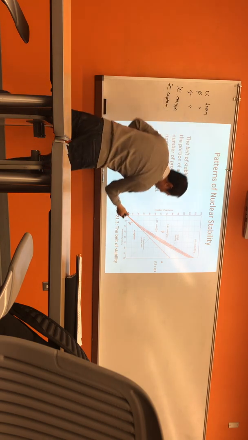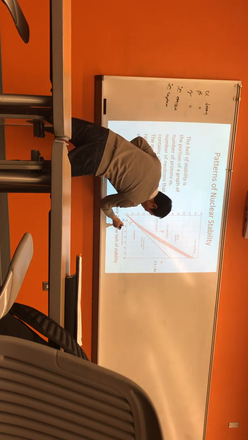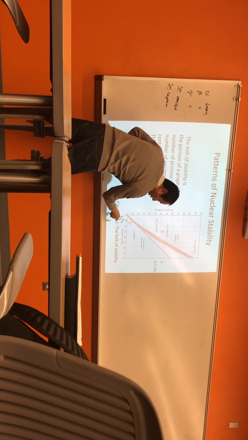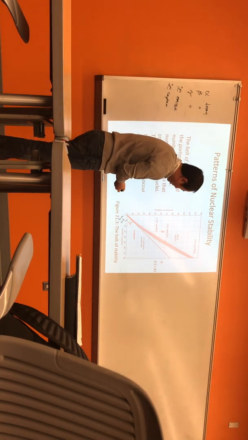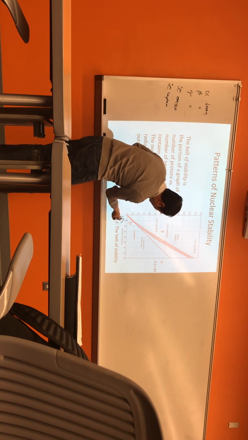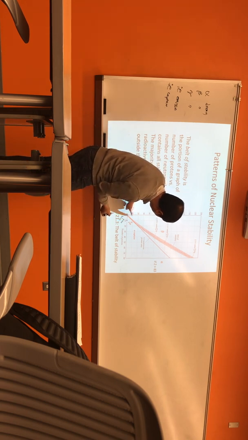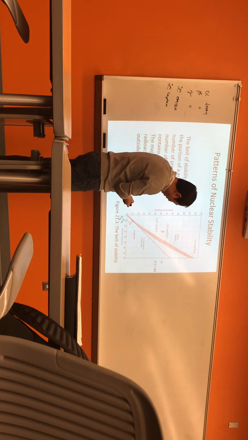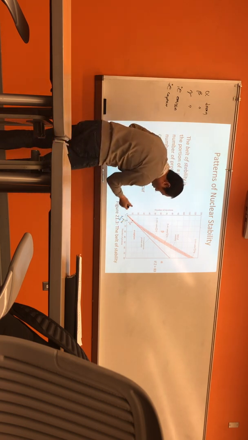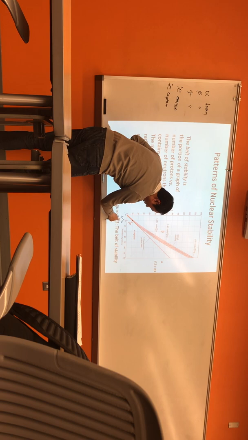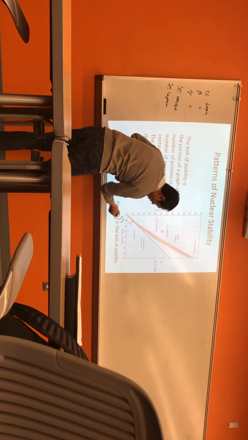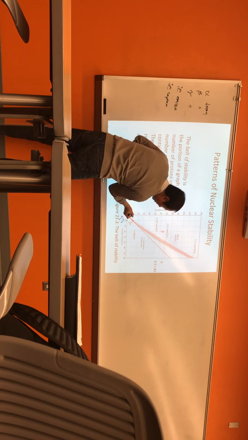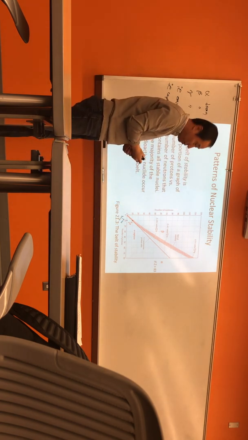Neon has 10 protons, and if neon has the same number of neutrons, 10, this is going to be stable. So that same ratio is like 10 protons and 10 neutrons right here. That's stable. And neon's isotope, like 10 protons and 11 neutrons, will be in this location one level higher right here. That is still stable.